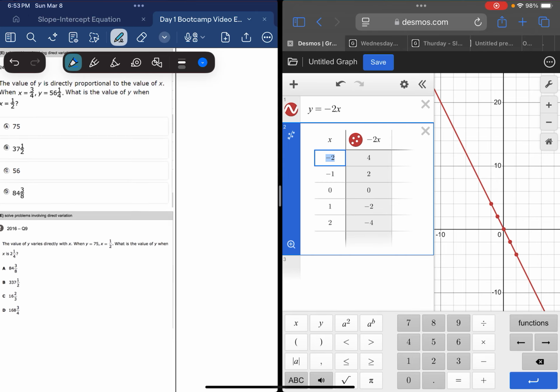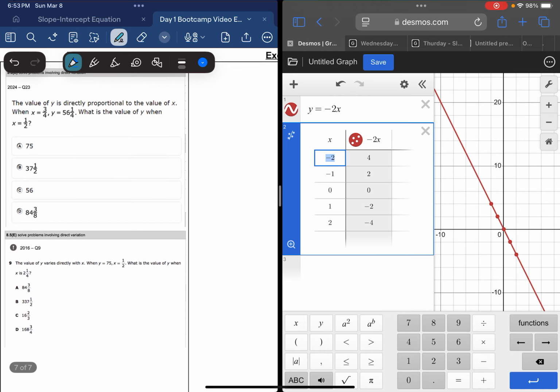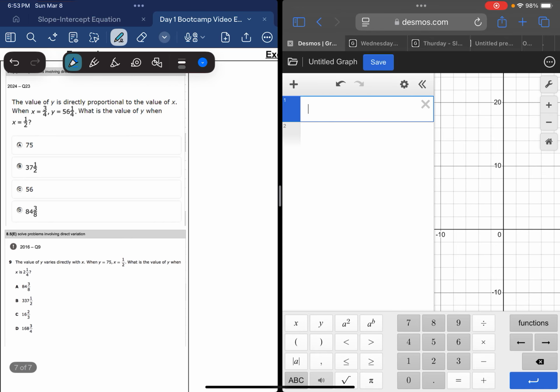Okay, next question, we have direct variation. It says the value of y is directly proportional to the value of x. That's how you know that you're going to make two fractions that are proportional to each other. When x equals 3/4, y is equal to 56 1/4.